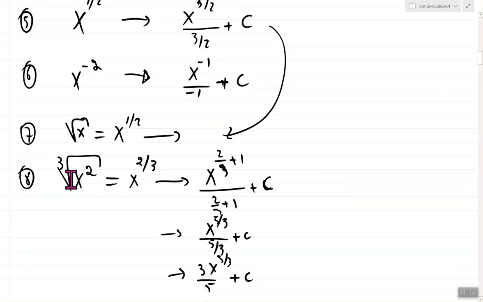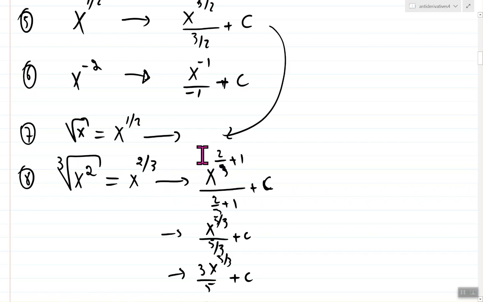Now if your term is of this kind, the cube root of x squared, you change it to a fractional exponent, which is x raised to 2/3. Then you find its antiderivative.